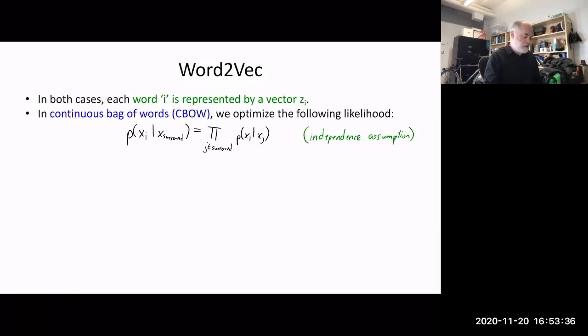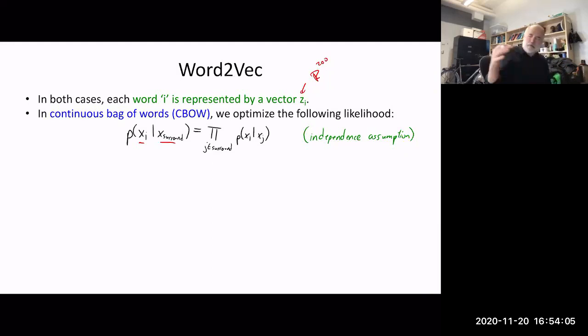So in Word2Vec, each word is represented by a latent vector in some high dimensional space, 200 dimensional space or whatever. And in continuous bag of words, we optimize the following likelihood, where we try to optimize the likelihood of the ith word, and the joint likelihood of all the data is just the product of the individual probabilities of all the words given their surrounds.